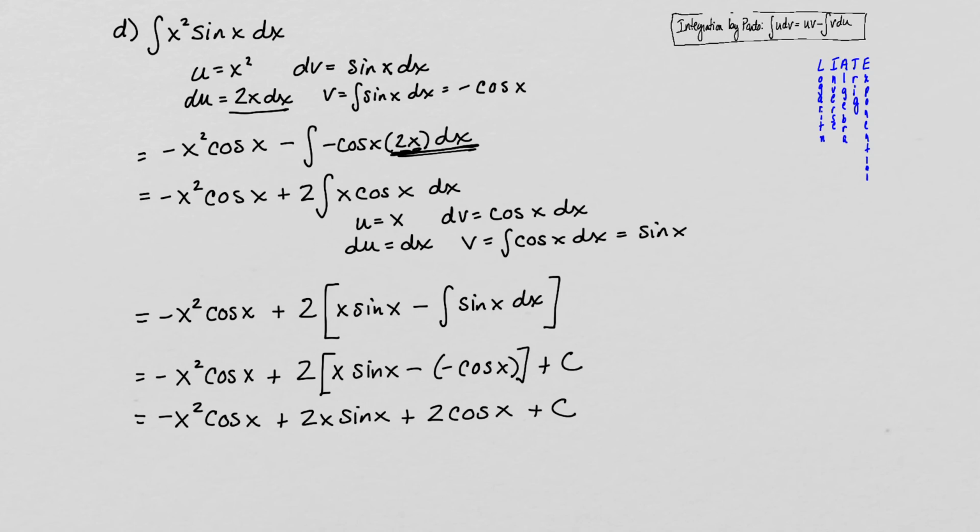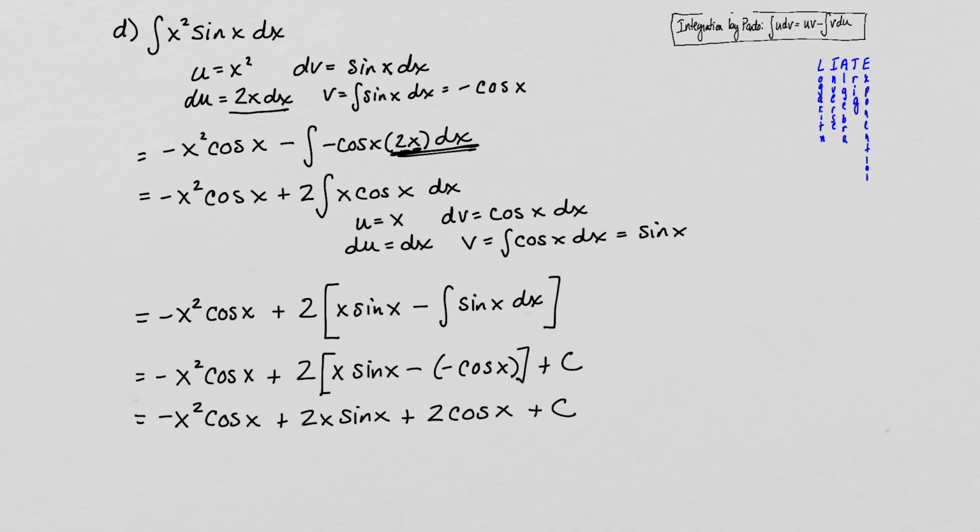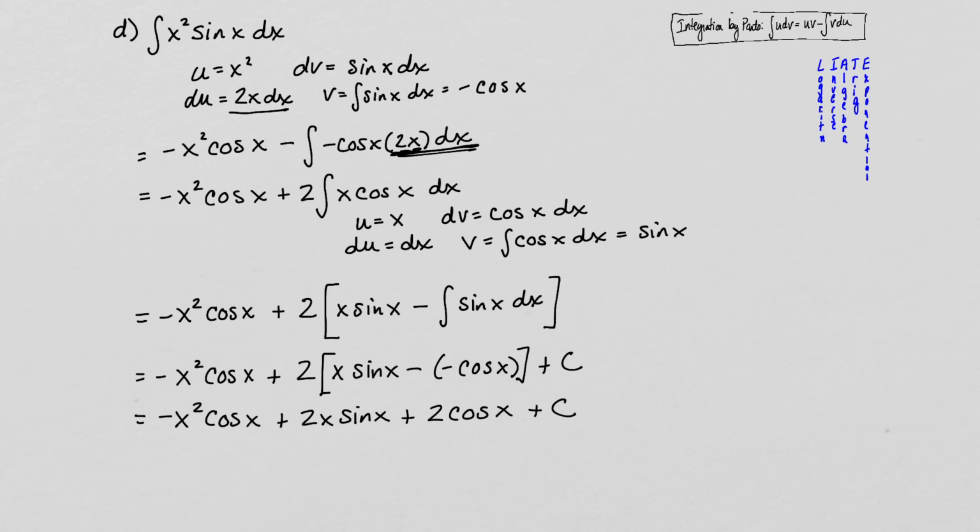No. Okay, so I have one more problem to show you. So that was what, D? Okay, E. All right, so problem E. Yeah, just let me know when it's okay to go on.